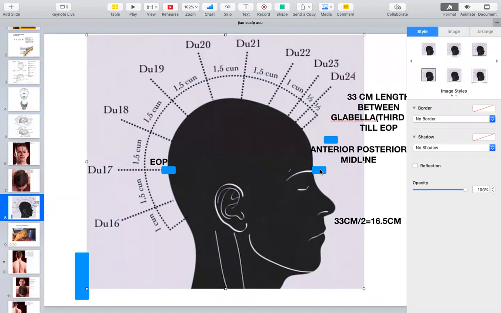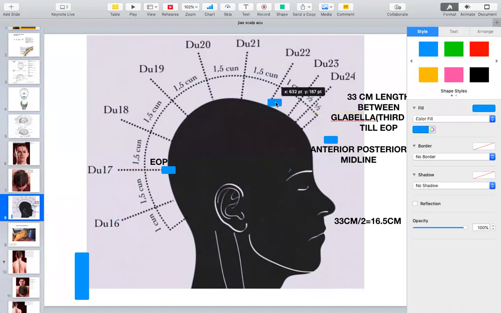Again starting to measure from the third eye, it will come till here, which is exactly the midpoint. Suppose this is the midpoint.